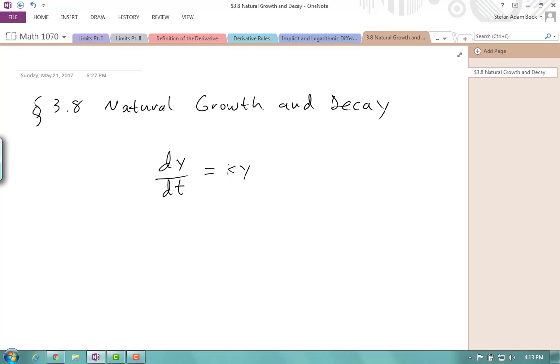So what this says here, if you're talking about a population of rabbits or bacteria or people or something, then the rate of change, the rate of growth of that population is proportional to the size of the population. If there's more bacteria splitting off and creating more bacteria, then you're going to have a larger increase than if you only had 2.